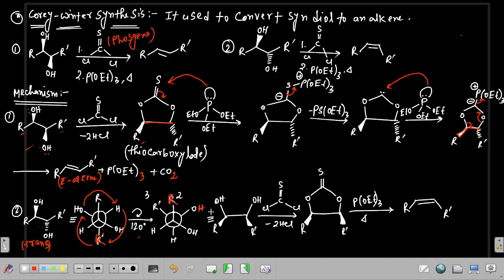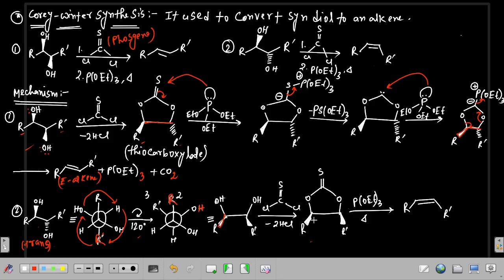Now we need to convert this again to this configuration. In this case you see both R and R dash are syn, they are not trans, and both hydroxyl groups are in the syn position. So now it will react with the thiophosgene, and it leads to the formation of this thiocarbonate intermediate.